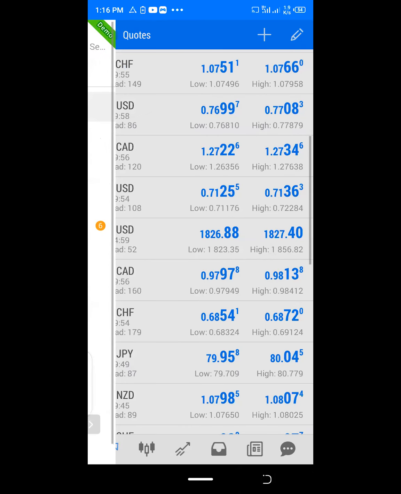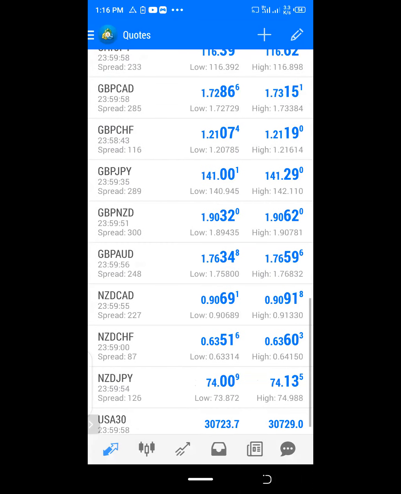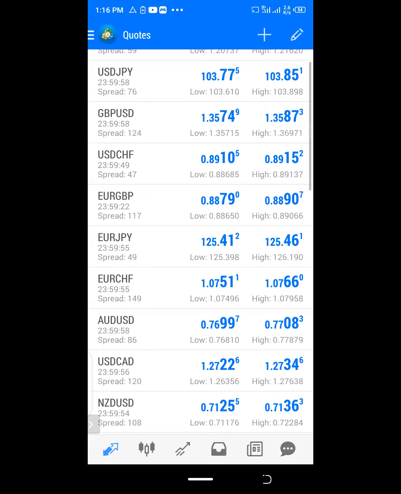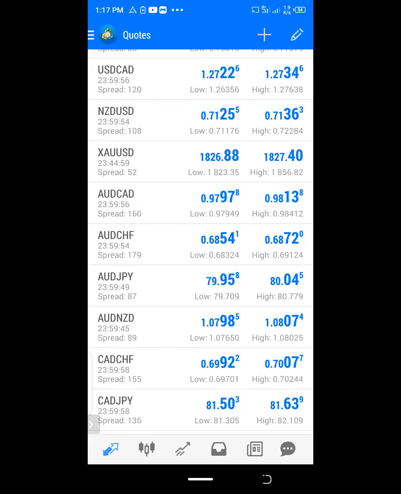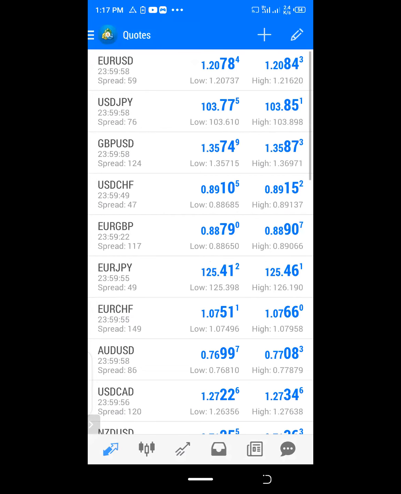You can see below that US 30 has been added, along with all the currency pairs that I clicked on. So this is how you can add currencies that you don't find here to your quote page.